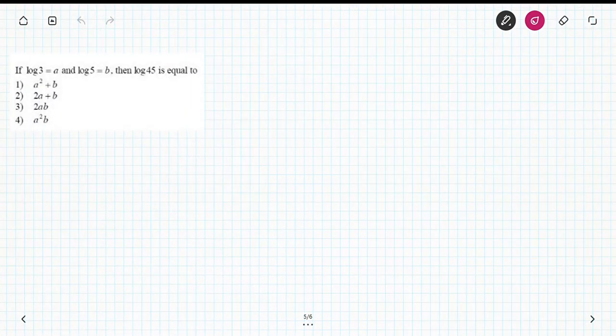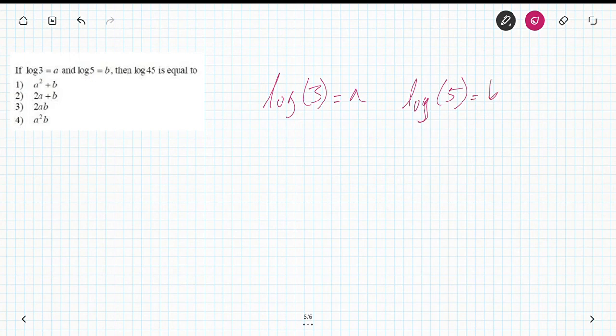Alright, so here we have the log of 3 equals a, and the log of 5 equals b. So how can we write the log of 45 in terms of a and b?